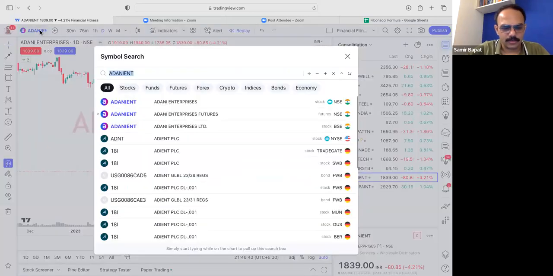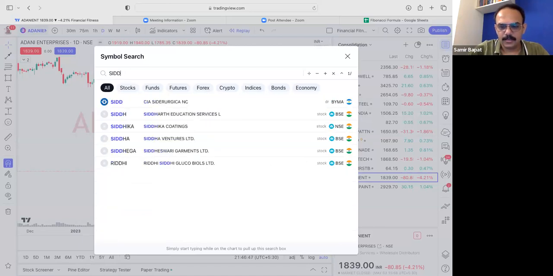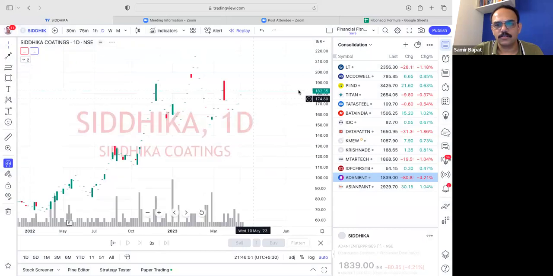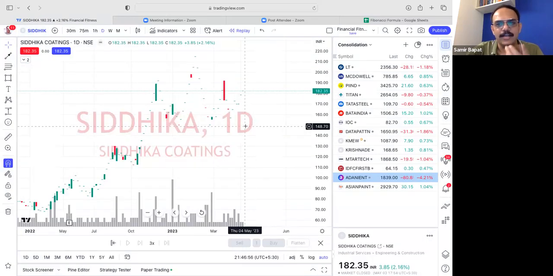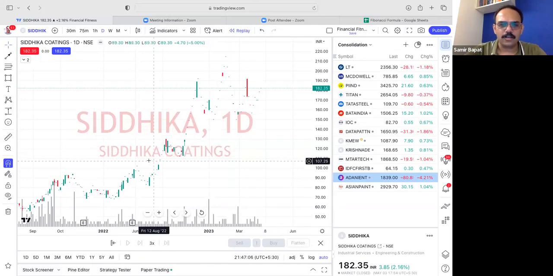Okay, then we have Siddhika Coatings. I never heard of it. Okay, Siddhika Coatings. I would only say don't trade in this stock. This is a totally manipulated stock. No stock behaves like this.